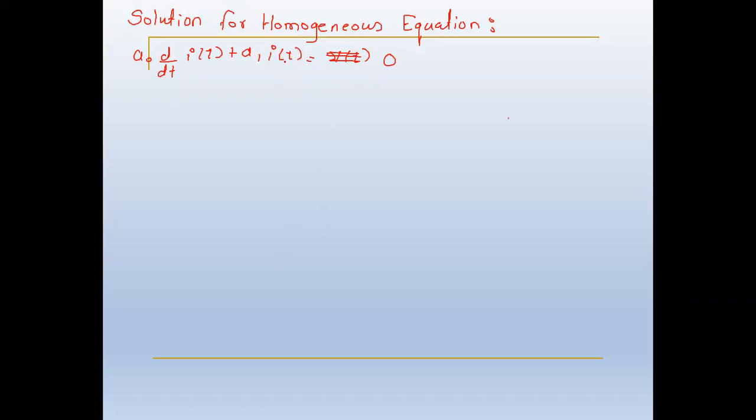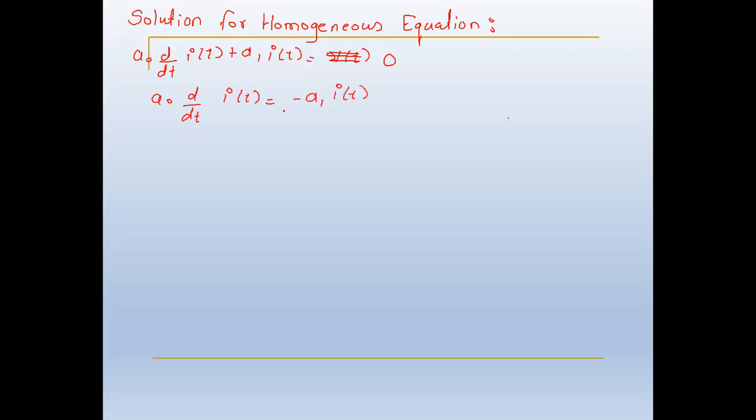So if we want to obtain I of t, this can be rearranged as A0 d by dt of I of t is equal to minus A1 I of t.